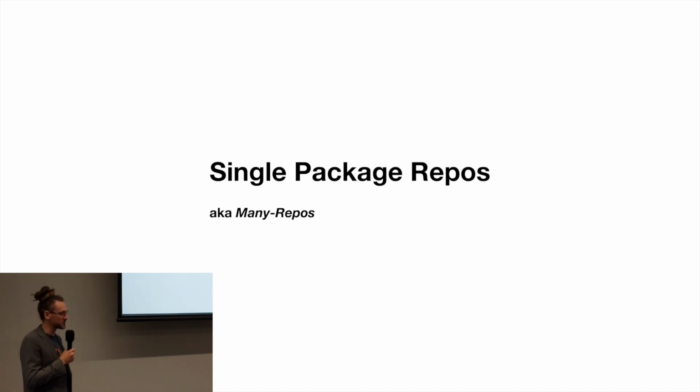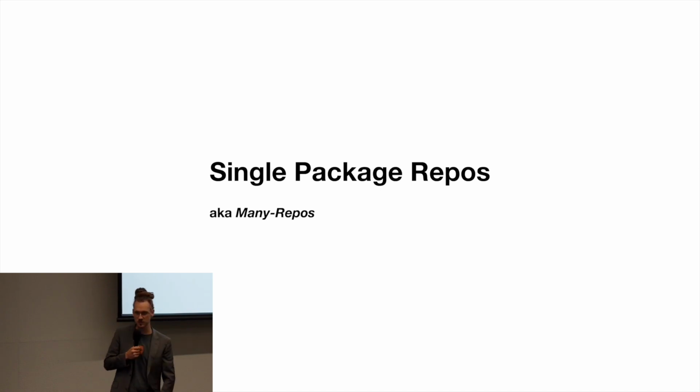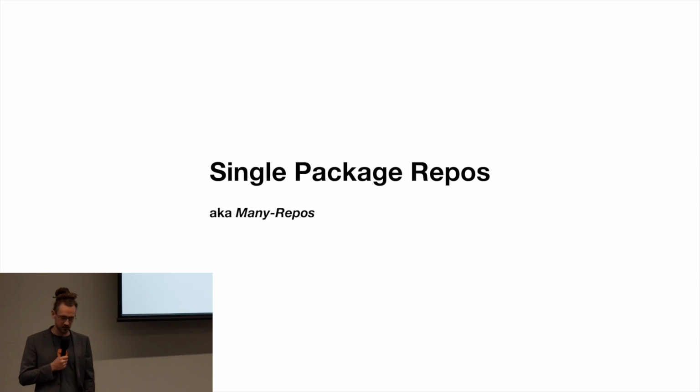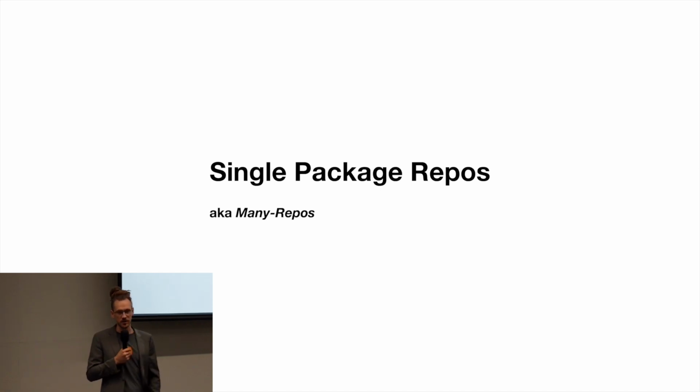So single package repos, aka many repos, is how I'm going to refer to them. Many repos versus monorepo. Single package repos are what you would expect from something you land on GitHub. You're on a module such as the request module, and it has a src directory, package.json. You can browse the source code.